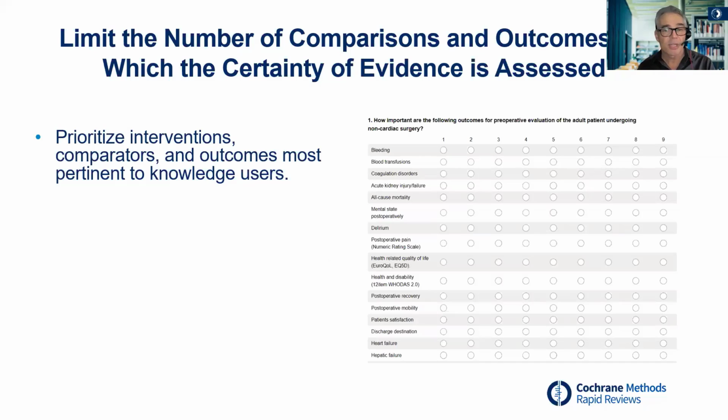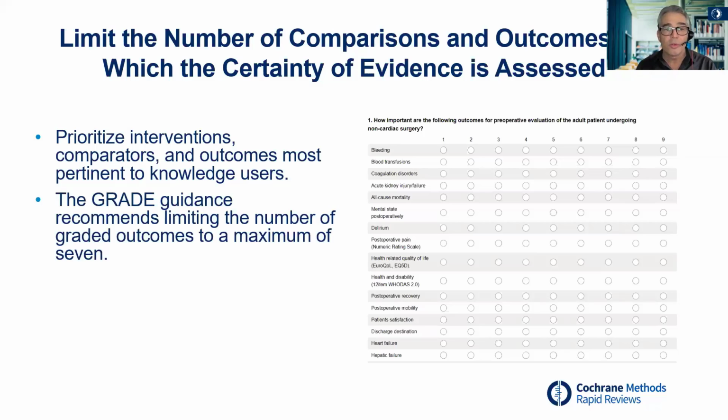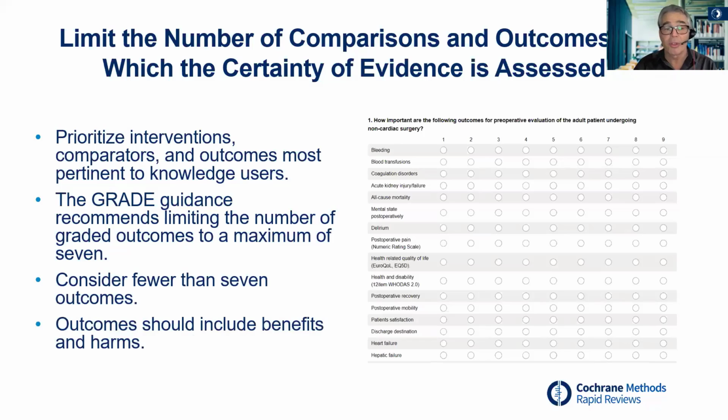GRADE guidance recommends using no more than 7 outcomes, but for rapid reviews, consider even fewer than 7 outcomes. It is really more important that both benefits and harms are represented in your outcomes.